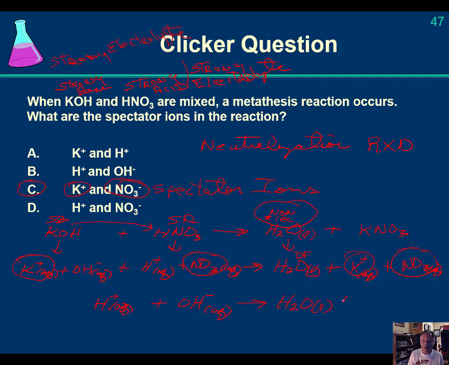All right, so here's our net ionic equation, and I'm going to give you a gift, okay? And that gift is, when you have a strong acid, strong base reaction, you have two products. You have a salt and water, and the net ionic equation is this.